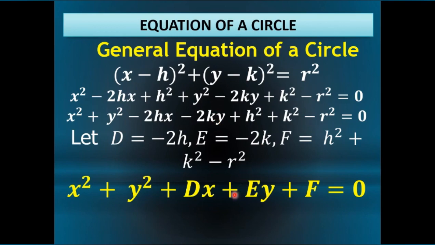So we have plus ey. And then this h squared plus k squared minus r squared is already our f. So therefore, we have x squared plus y squared plus dx plus ey plus f equals 0 as the general form of the equation of the circle, where our d, e, and f are real numbers.